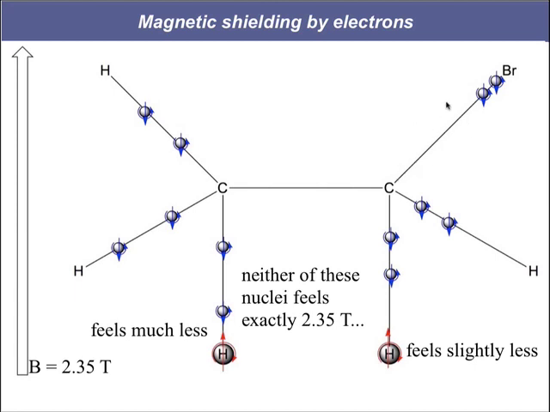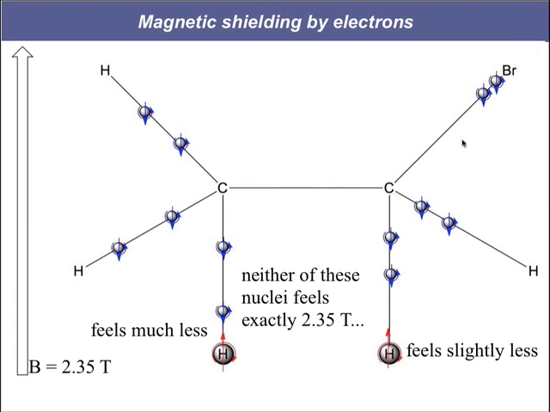This carbon-bromine bond is going to be polarized so that the electron density sits over at the bromine. But that causes the carbon to pull electron density away from its hydrogens. These carbon-hydrogen bonds are going to be slightly polarized because of the presence of the bromine.